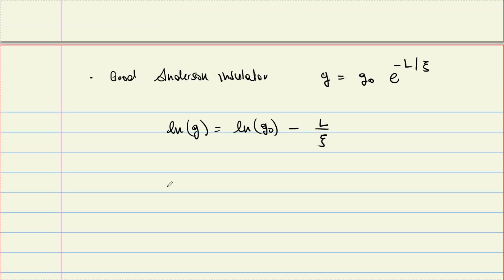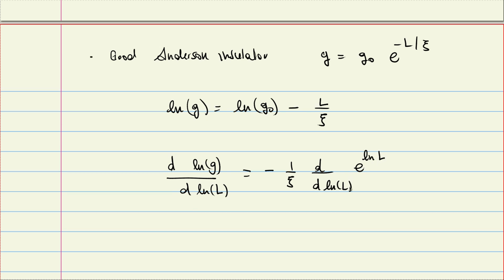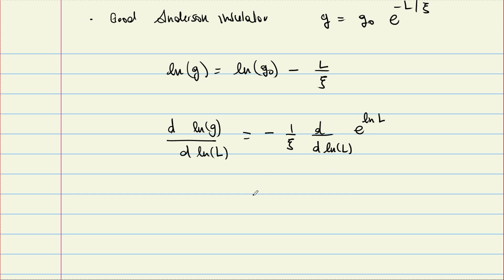and d ln g divided by d ln L is going to be minus 1 over psi d over d ln L. I'm going to write L as e to the ln L, because the derivative is with respect to ln L, and e to the ln L is L, and this thing is going to be minus 1 over psi e to the ln L, and this is minus, and since it is given by this, ln g over g naught is going to be minus L over psi.